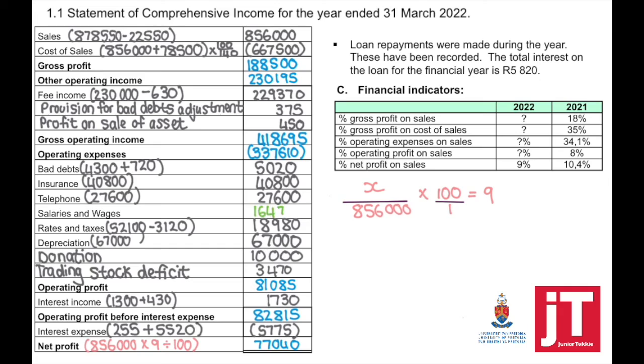Salaries and wages becomes now the balancing figure. This is your more challenging way of asking the statement of comprehensive income. You need to do adjustments, but you also need to use financial indicators to find missing figures, and you need to be able to work backwards.